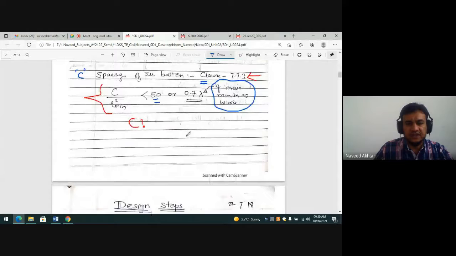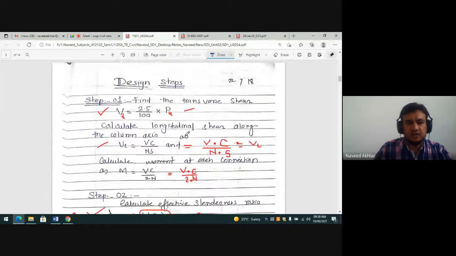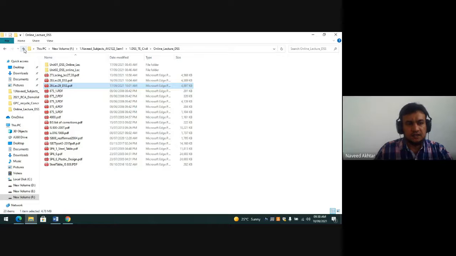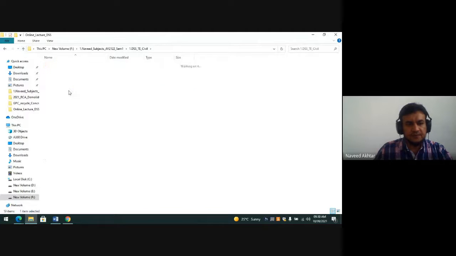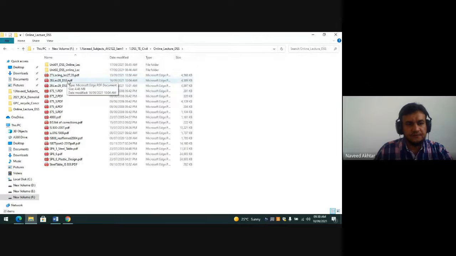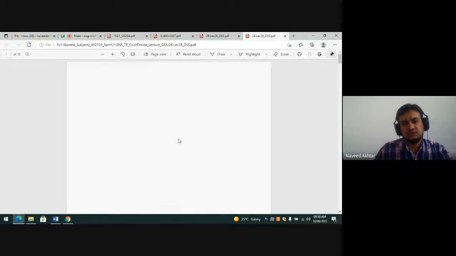We will go through roughly the steps for the design of the batten system. The steps we have for the design of the lacing system, where we checked and found the spacing in lecture number 28, are the same for this also.